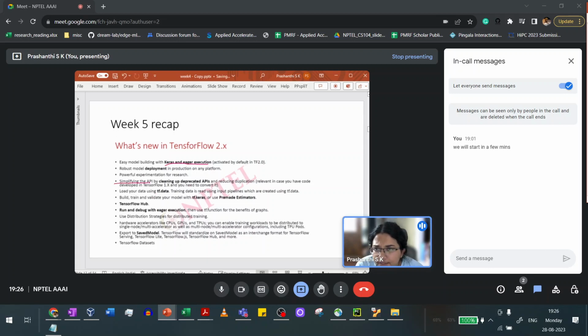And then there was a bunch of work on simplifying the APIs, cleaning up deprecated APIs and things like that, and data loading and Keras model building, again eager execution, TensorFlow Hub, and distribution strategies for distributed training, and support for all hardware accelerators, CPU, GPU and TPU, and then exporting it, as we saw, to having the SavedModel as an interchange format. And finally, TensorFlow datasets. So this is what TensorFlow 2.x offers you.